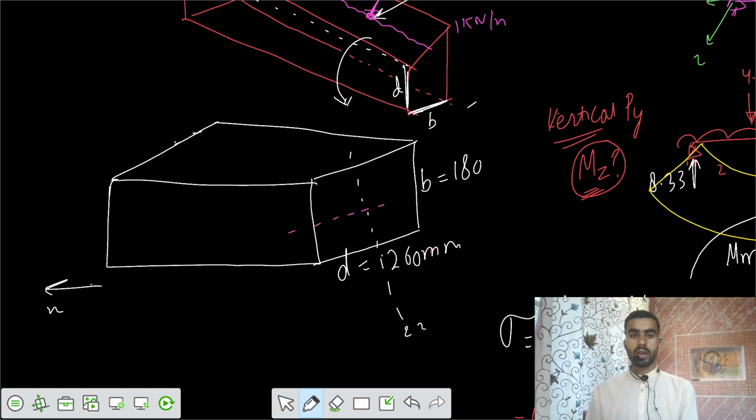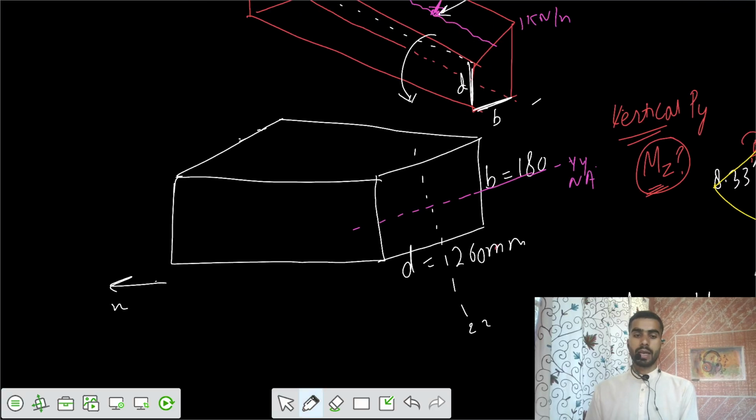So for this one the YY axis is critical. The neutral axis is the YY axis. Load is acting at this point and at this point, 2.5 kilonewton. So the line diagram can be shown in this way, 2.5 and 2.5, and the reactions would also be 2.5.